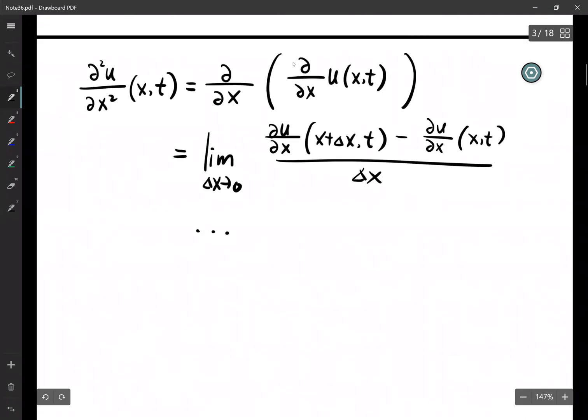So you can define higher order derivatives in this way. Now we assume we always deal with functions that are sufficiently smooth. If it's not smooth, we're going to study that later. Then all the derivatives with respect to t and x have been defined.